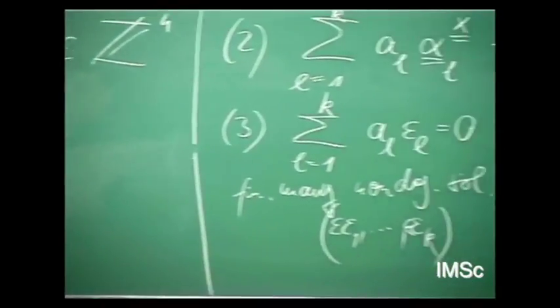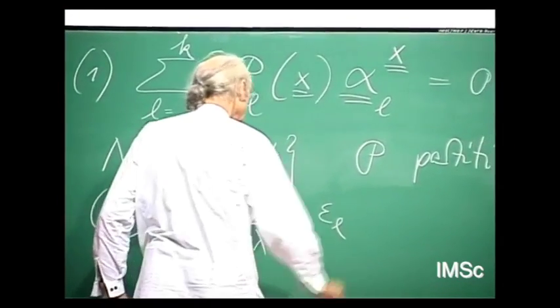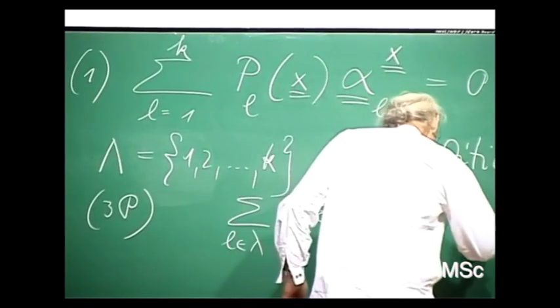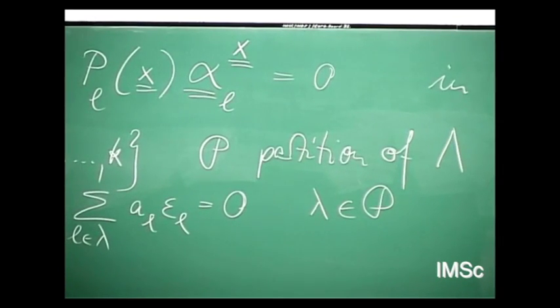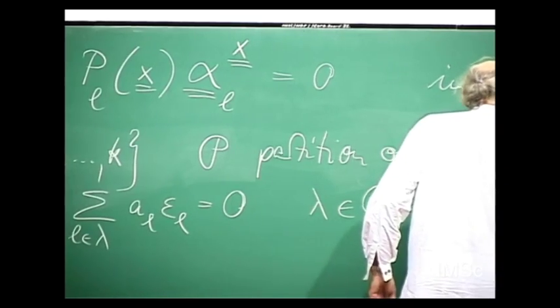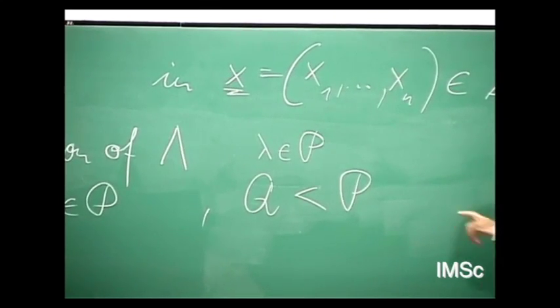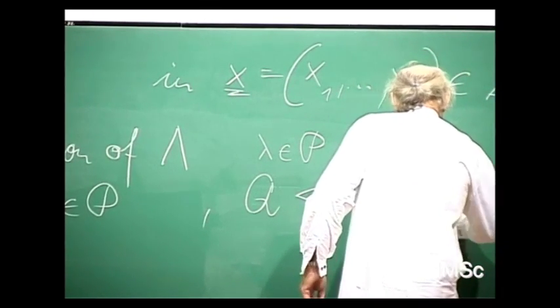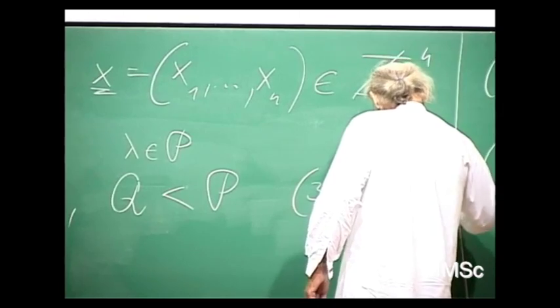So we consider the system sum over L in small lambda of A_L epsilon_L equals 0, where now lambda runs through our partition P. Now if we have another partition, say Q, that is a proper refinement of P, then it is clear that any solution of the system 3_Q is also a solution of 3_P.